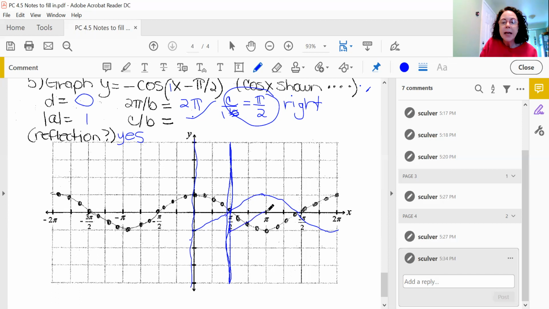It will be up at its highest point at 3 pi over 2, right? And we'll go through 0 at 2 pi and never makes it fully back down. Let me darken this a little bit, right? And I will continue this pattern backwards. There we go, up through 0, right? Up to 1, down through 0, down and back up.